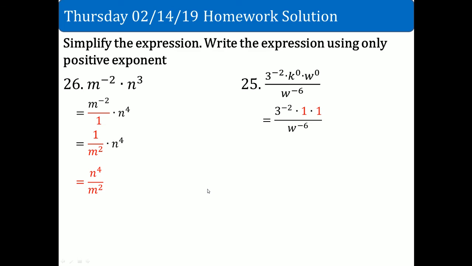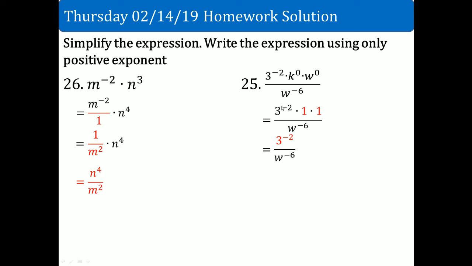27. k to the 0 becomes 1, w to the 0 becomes 1. I deal with the 0 exponent first. That just becomes 1. Simplify gets you 3 to the negative 2 on top, on the bottom, w to the negative 6 power. Multiplying by 1 doesn't change anything.